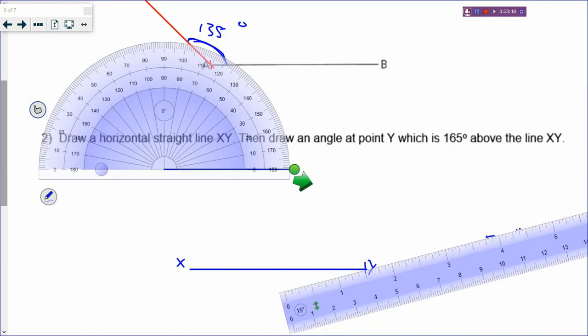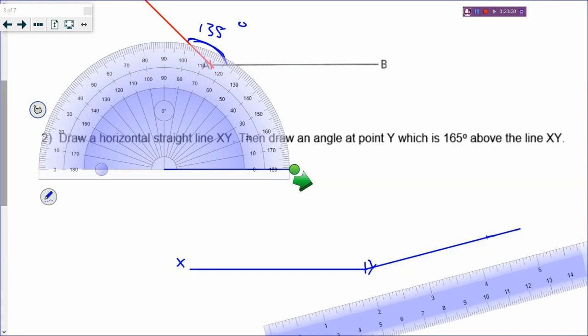Once your ruler is placed nicely, draw a straight line that cuts through the marking and also touches the XY. Okay, and that's the two lines that you form.